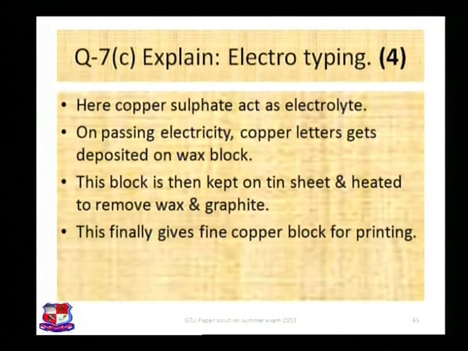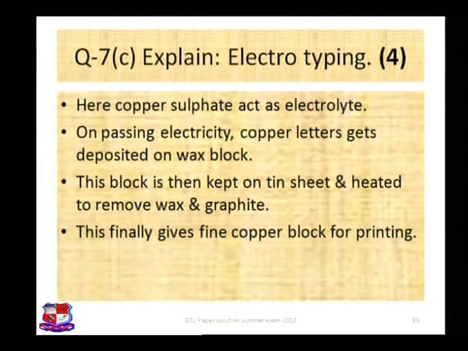Finally this block is kept on a tin sheet and heated to remove wax and graphite. This is again a very important thing. This finally gives a fine copper block for printing, which is used for printing.